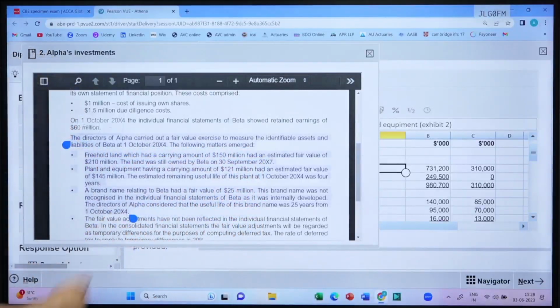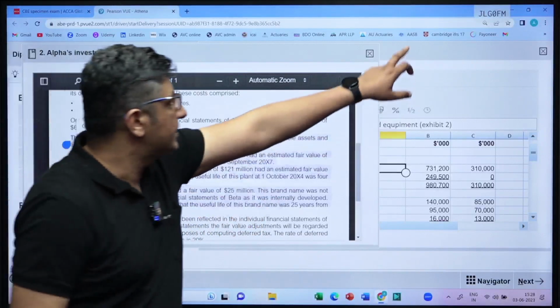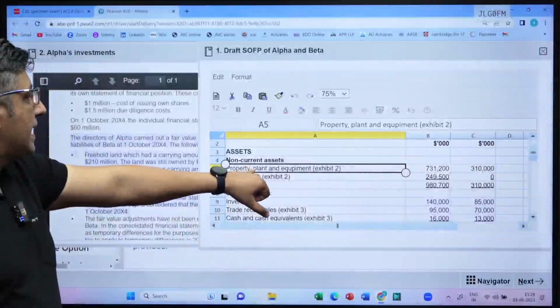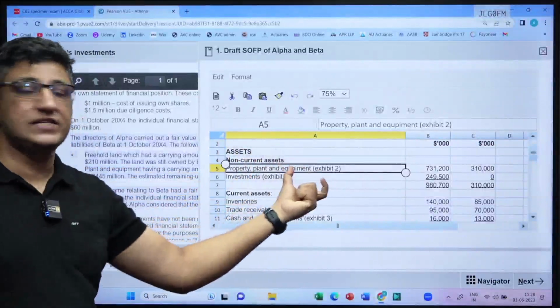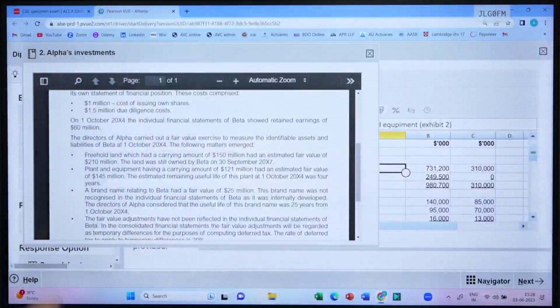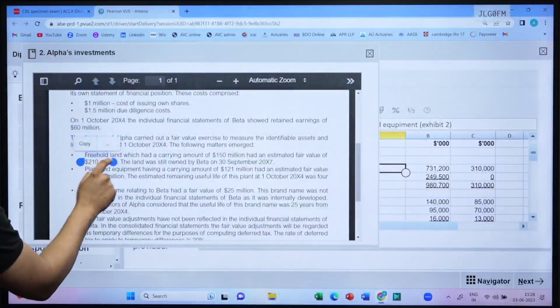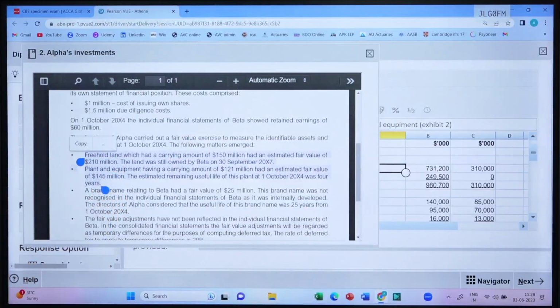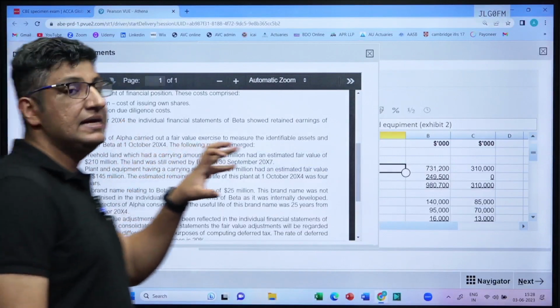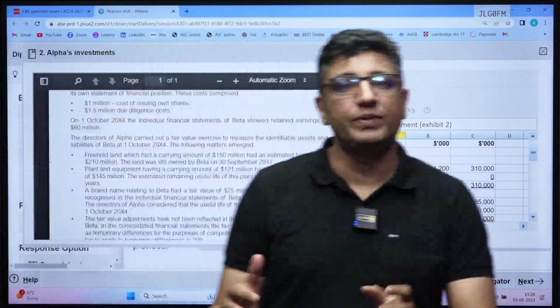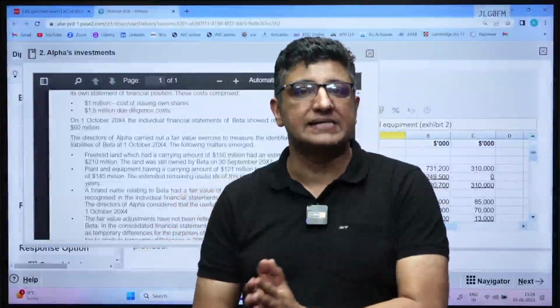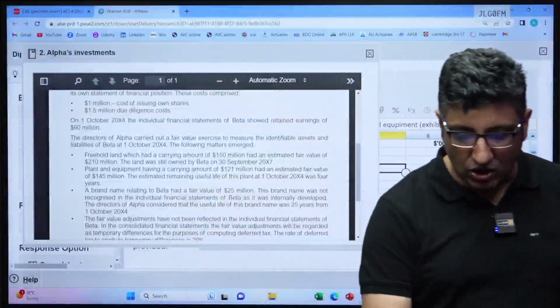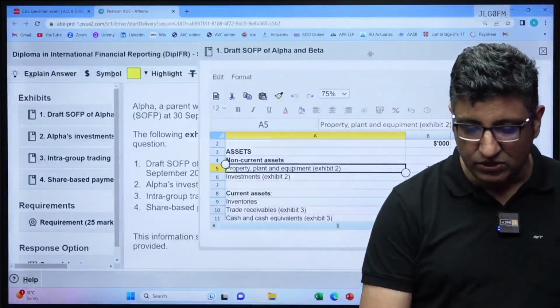Okay, as my original section said that my property, plant, and equipment also has some adjustments as a part of exhibit 2. This is what I'm able to see. There's some adjustment on the freehold land or plant and equipment and stuff like that. So they're all going to be significant information to be able to attempt from my examination standpoint, right? But these are all my parts of the question only.